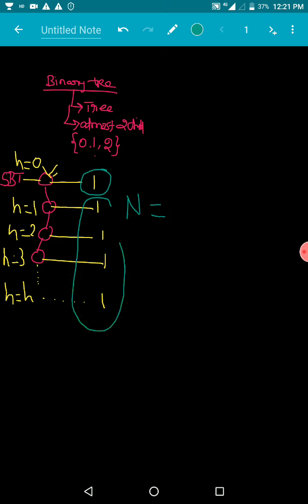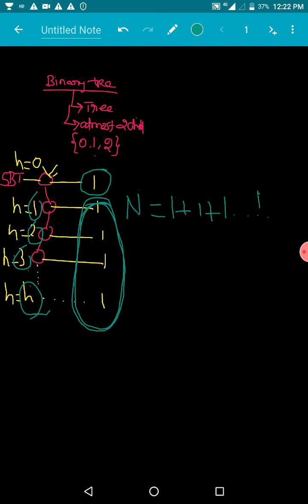So, calculate only the number of nodes present in the circles. Therefore, 1 plus 1 plus 1 up to how many times? How many times? 1 and 2 and 3 up to how many times? Yes, h times. I can rewrite this 1 into h.